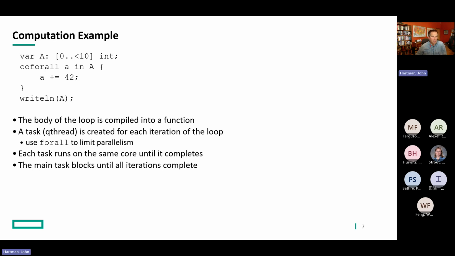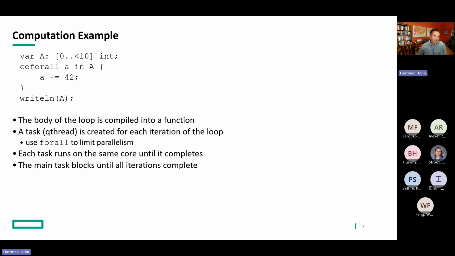So right off the bat, you might be wondering, well, what if this array is really huge? I just have 10, but what if it's an array of 10 million? Do I really want to create 10 million QThreads? So while QThreads purports to be able to support a large number of threads, maybe that doesn't work so well when the array is really large. It's probably not a great way to program it. But in that case, you'd want to use the forall construct rather than coforall.